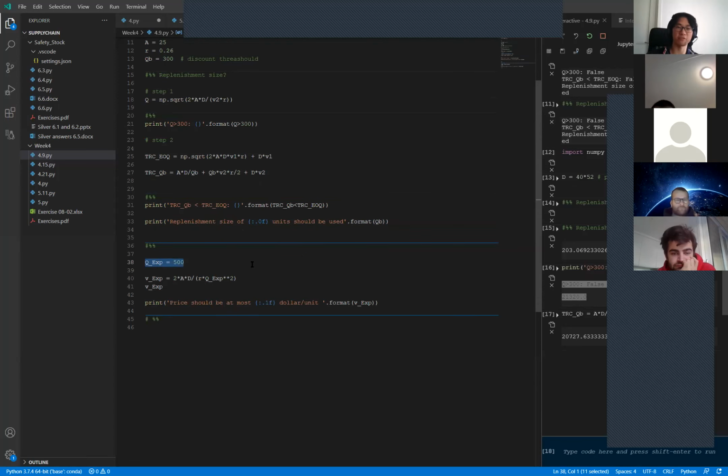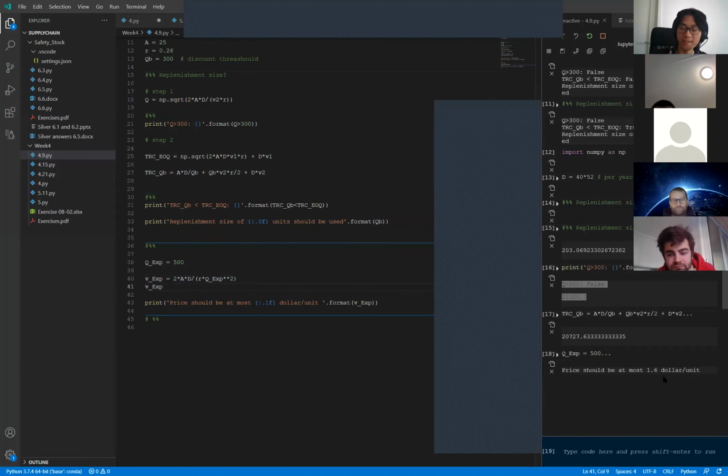You give a new parameter, Q expected, which is 500. And then this is the new formula we were talking about. You do a little bit of transformation, and it's 2AD divided by R multiplied by Q squared. And then you calculate the expected price, which is $1.6 per unit.